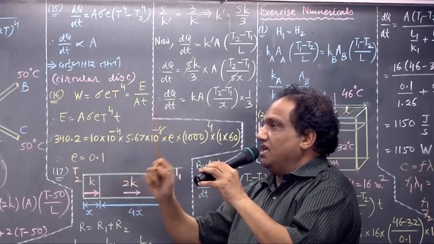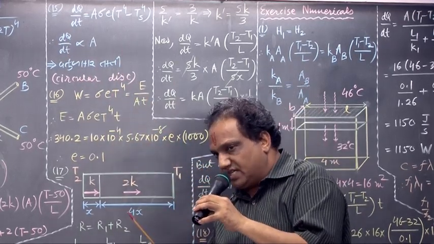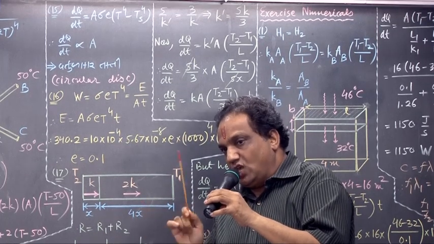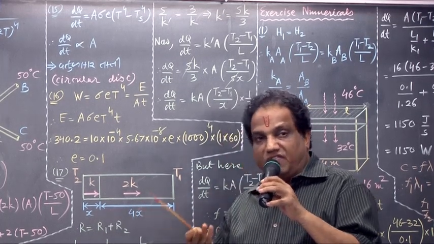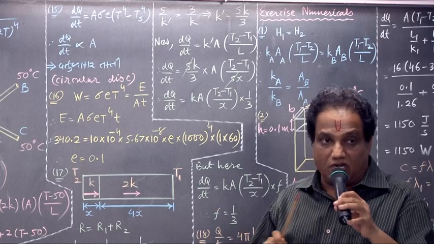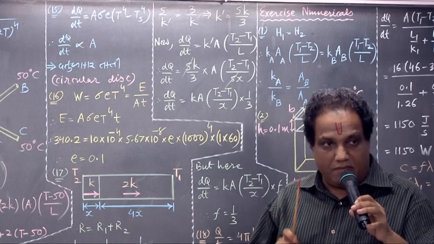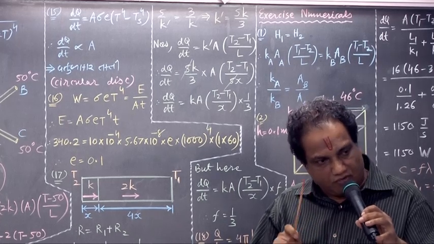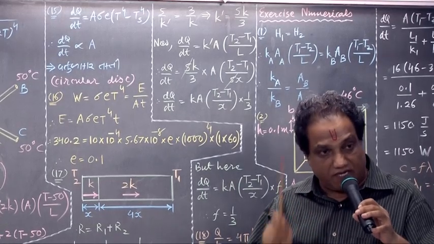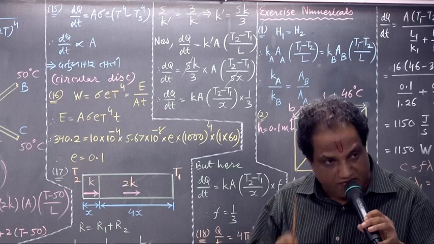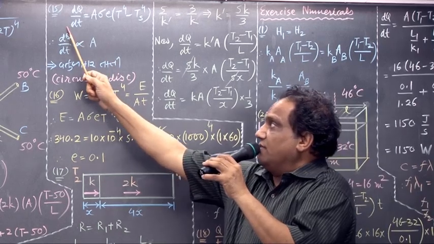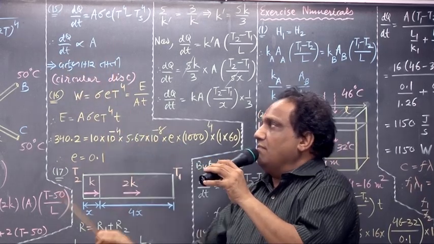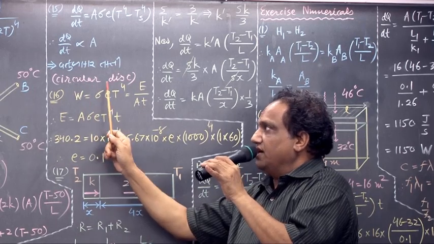So among the three given objects, say circular disc, sphere and cube, whose surface area is the greatest is not clear. They must talk with proper dimensions, correct? If you know the dimensions, then you can make out whose surface area is the greatest, and depending upon that, this will be greatest for that particular object. But here they have given the answer as circular disc.